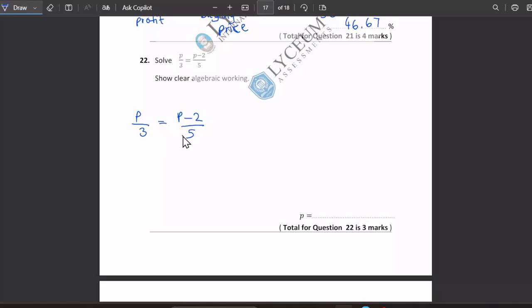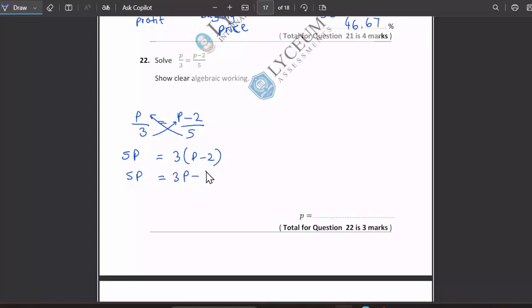So what we can do is cross multiply. Otherwise, we can multiply both sides by the common denominator. Either way, I'll do 5P equals 3 times P minus 2. Then we get 5P equals 3P minus 6.